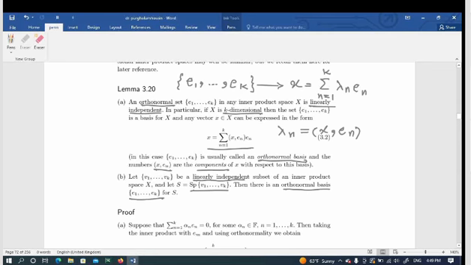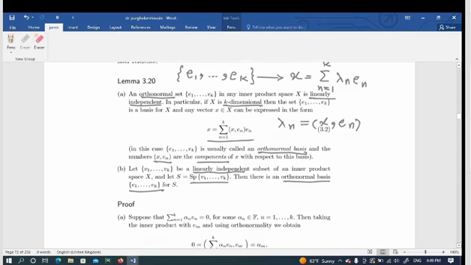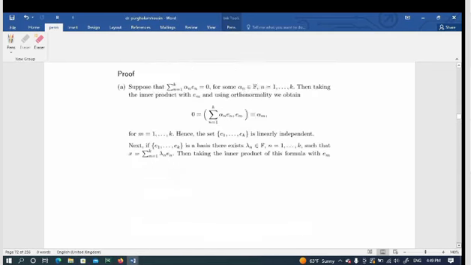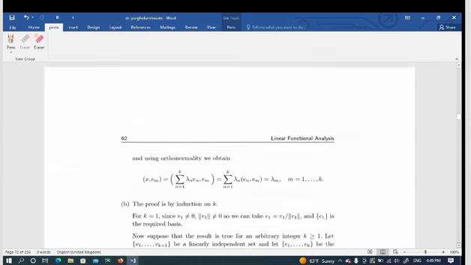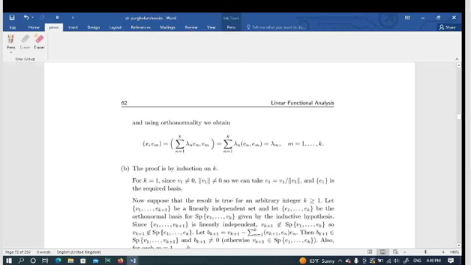The proof is a little complicated and difficult, so I leave it as an exercise, especially part B. Part B is a little difficult.